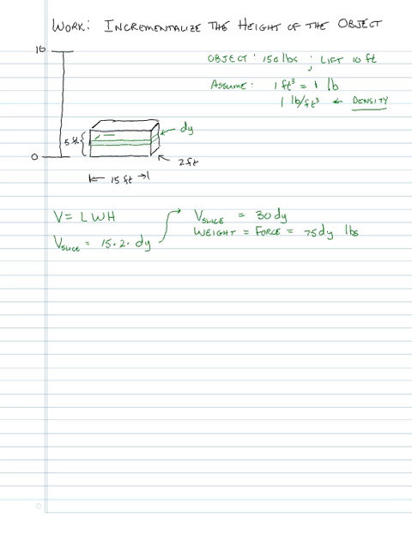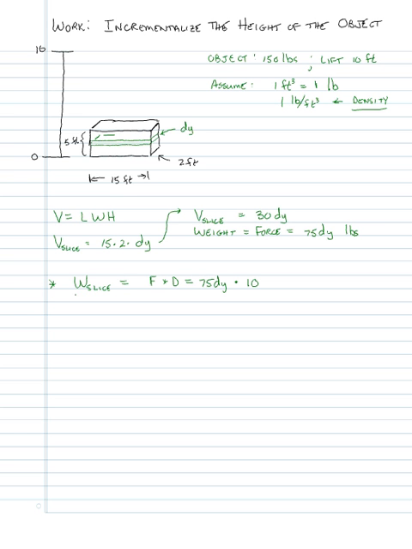So remember now how we calculate work, but let's talk specifically about calculating the work to lift that infinitely small slice 10 feet. Well, it would be the force times the distance. And in this case, the force is 75 dy and the distance is 10 feet.